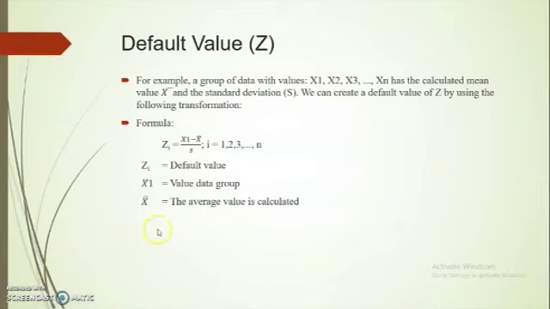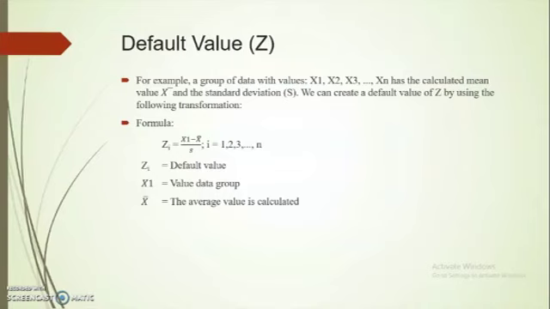Because the values of the standard value variable are derived from the values of variable x, the z distribution generally resembles the distribution of data x. Mathematically, it can be proven that the distribution of values z1, z2, z3 until zn has an average equal to 0 and a standard deviation equal to 1.